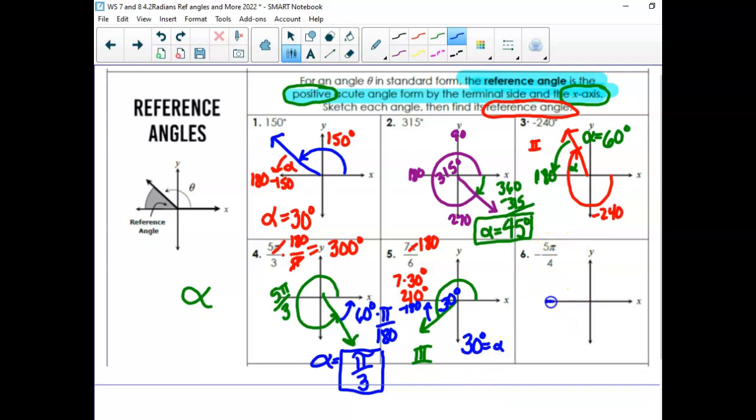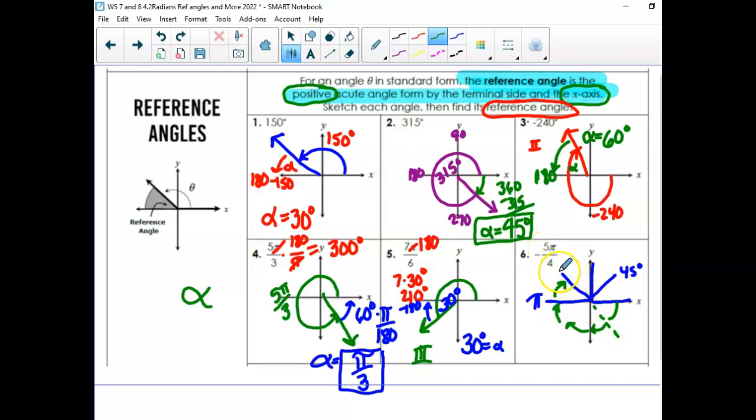Pi is to here, right? That's 180 or pi, guys. When you divide it by 4, what are those in degrees? 45. So every one of those, halfway there, is a 45. So -5 of these would go -1, 45, 2, 3, 4, 5.